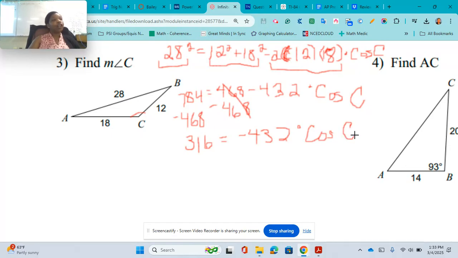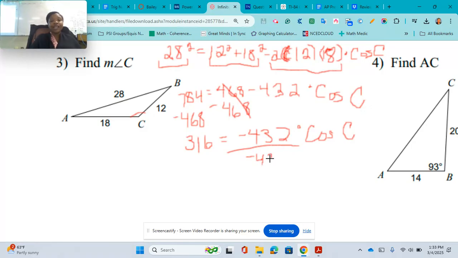We need to still get cosine C by itself on the right side of the equal sign. So what do we need to move now? Excellent. Negative 432. What is the negative 432 doing to the cosine C? It's being multiplied, so we will end up having to divide by that negative 432.